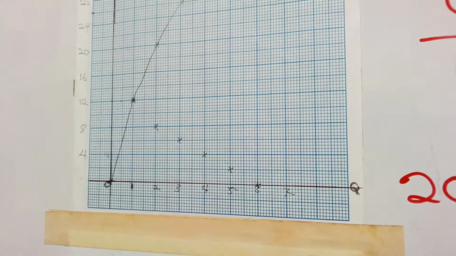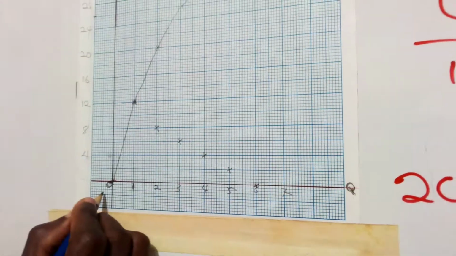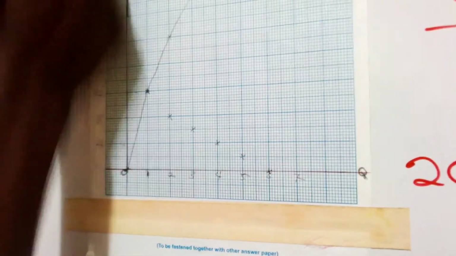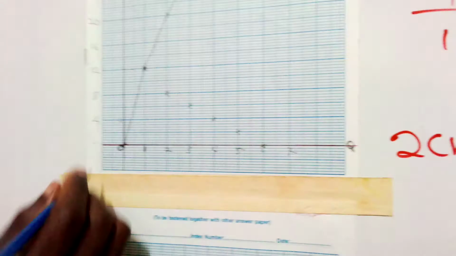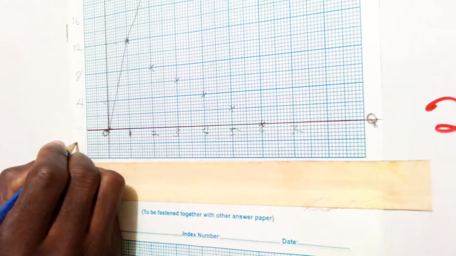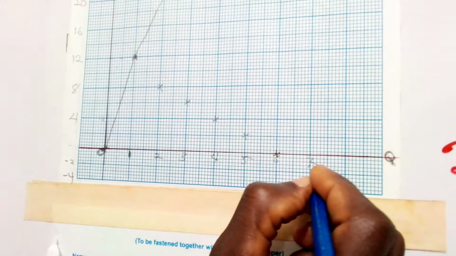Then the seventh one, we have -2. If we have the positive side here and we are using the same scale, then here must also be -4. So it means our -2 will be here. From 0 to this we have -4, so we plot it at 7. So this gives us our -2.